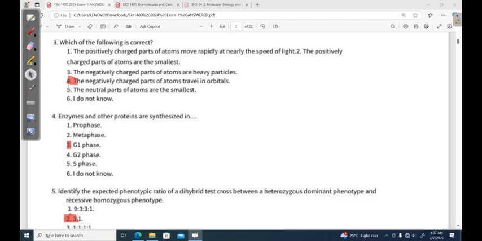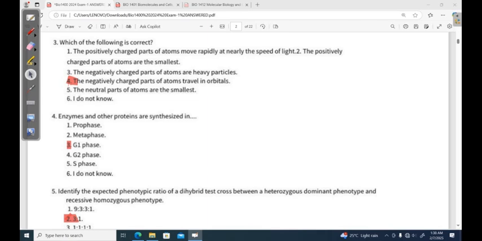Atoms don't move at the speed of light. 2, the positively charged parts of the atoms are the smallest, which is wrong. 3, the negatively charged parts of the atom are heavy particles, which is also incorrect. 4, the negatively charged particles of the atoms travel around the orbitals, which is the correct answer. 5, the neutral parts of the atoms are the smallest.